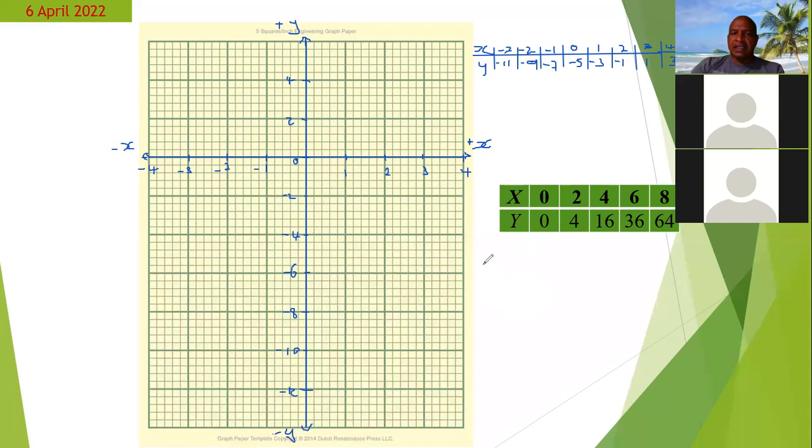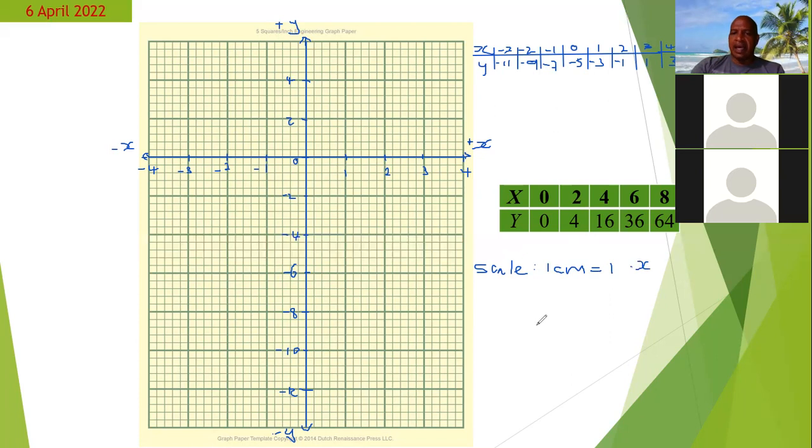For the x-axis, the scale would be 1 centimeter equal to 1 unit on the x-axis.